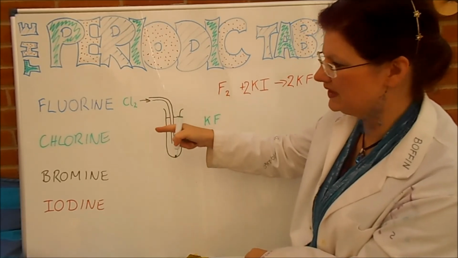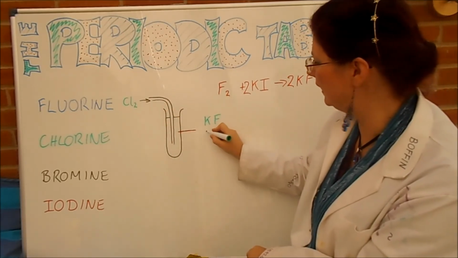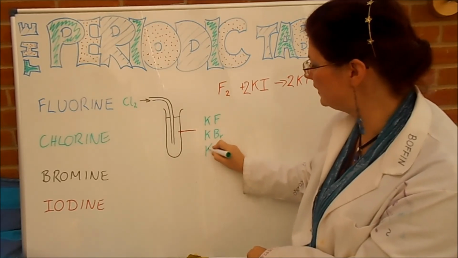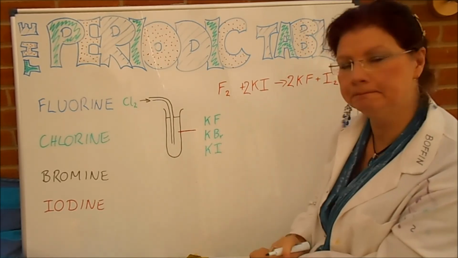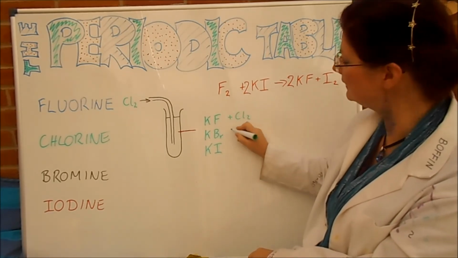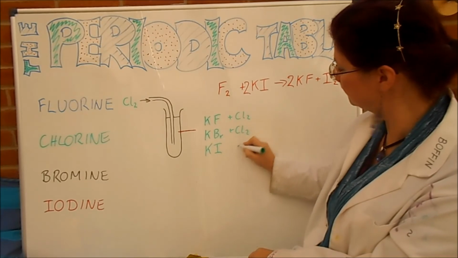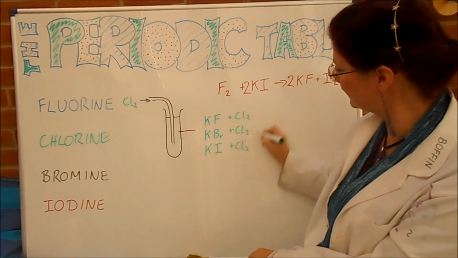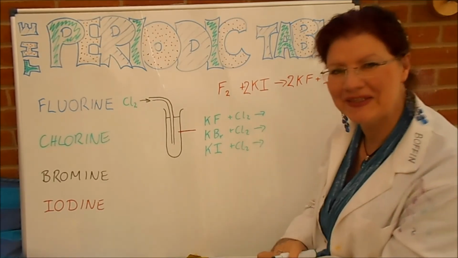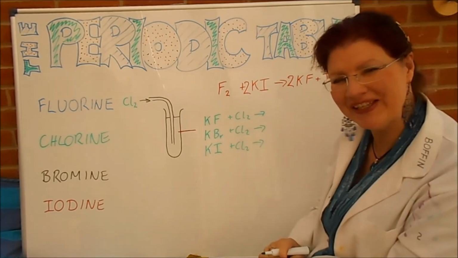There's no point putting potassium chloride in there because you've got chlorine in it. So we'll have potassium bromide and potassium iodide. So each of those plus chlorine gas. What does it come out with? See if you can work that out. So pause the video, have a go at those.